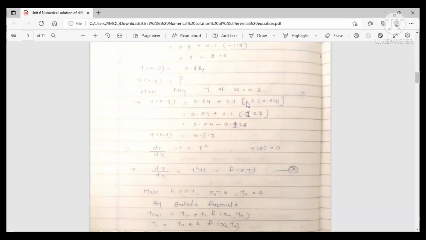It is minus 2y, so minus 2 into y. Now your y is y2, and y2 is 0.64. Put here 0.64. Simplify it. You will get y of 0.3. It is 0.512. Okay. Now the second differential equation is dy by dx minus 1 is equal to y square, when y of 0 is 0.